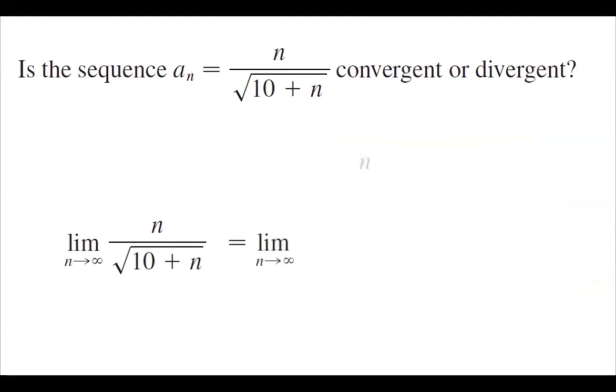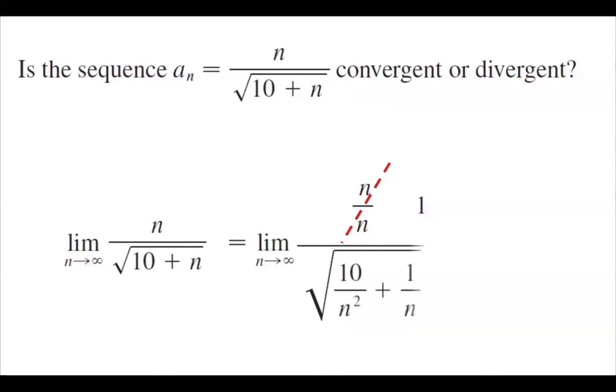This is equal to the limit of n divided by n, which is equal to 1, over the square root of 10 over n squared plus n over n squared, which is 1 over n. Now, if you take the limit as n goes to infinity, this is equal to 0 because you get 10 over infinity plus 1 over infinity, which is indeed equal to 0.